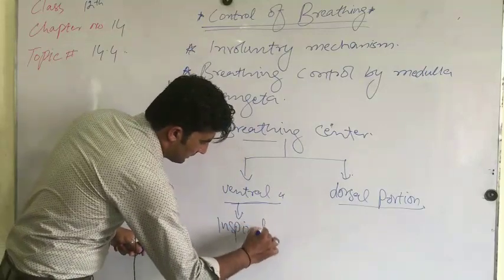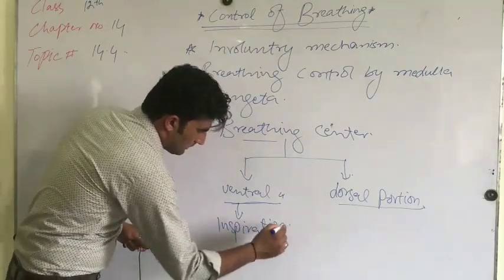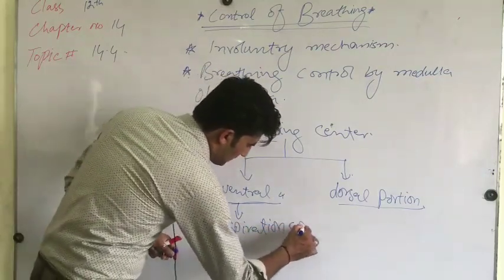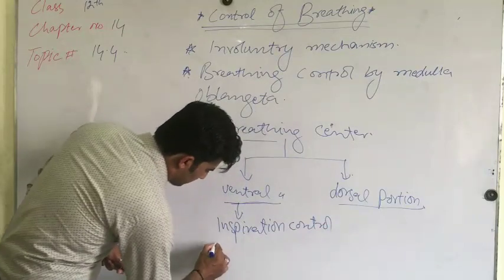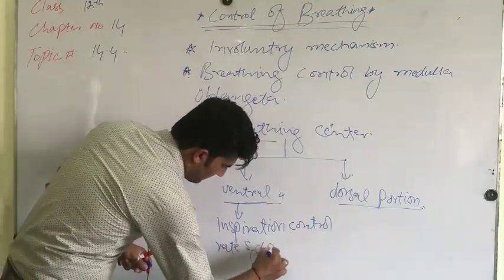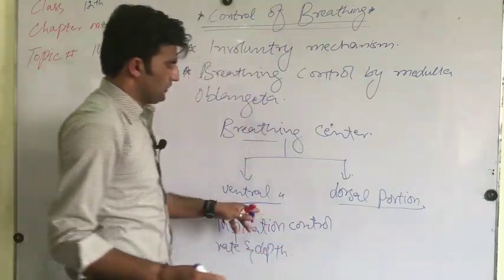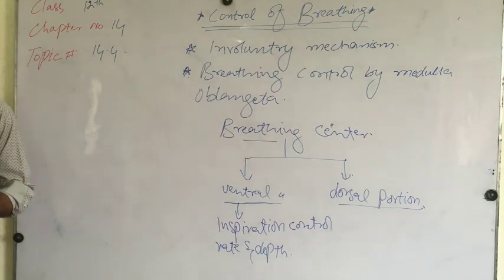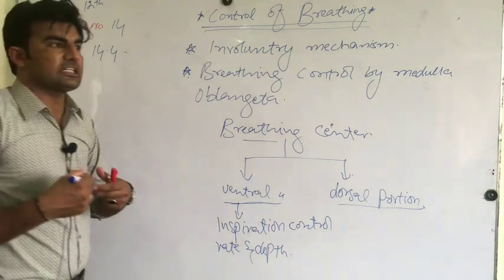We write that during inspiration, the ventral portion controls rate and depth. It controls the rate and depth of inspiratory air taken from the environment, while the dorsal and lateral portions inhibit inspiration and stimulate expiration.